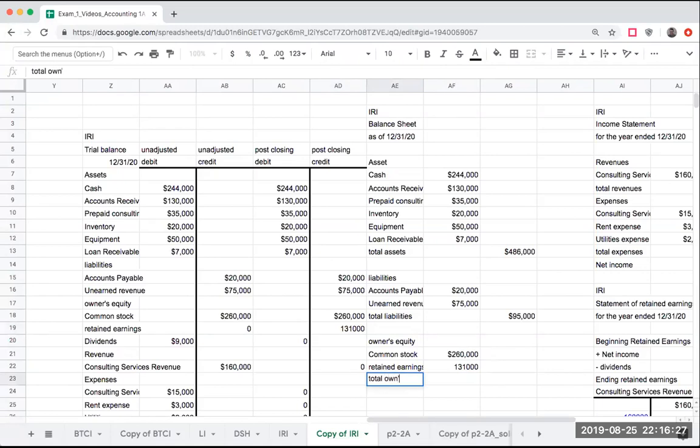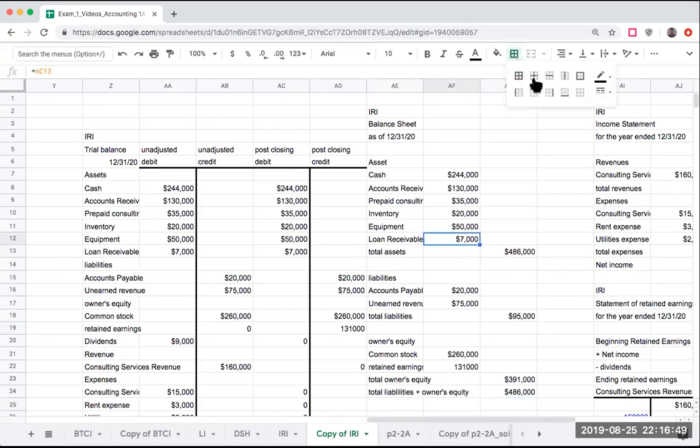So my total owner's equity is going to be 391,000. So my total liabilities plus owner's equity is going to be 95 plus 391, or 486,000. And so we are done.